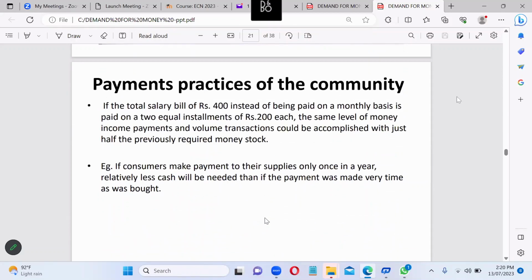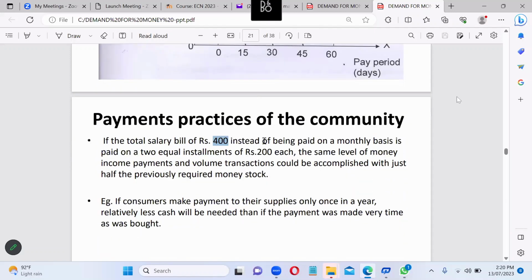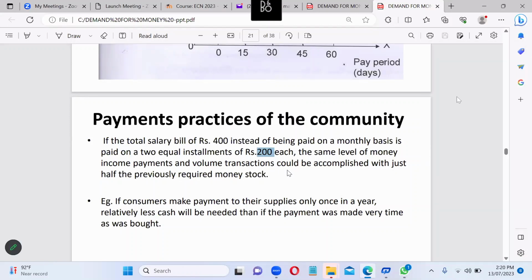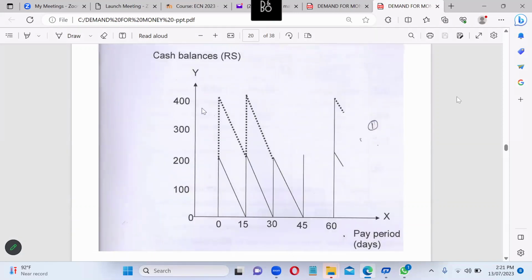Payment practices: if the total salary is 400, and instead of being paid on a monthly basis it is paid in two equal installments of 200 each, the same level of money income, payments and volume of transactions could be accomplished with half the previously required money stock. So within 15 days, you are spending 200 rupees of your salary of 400.